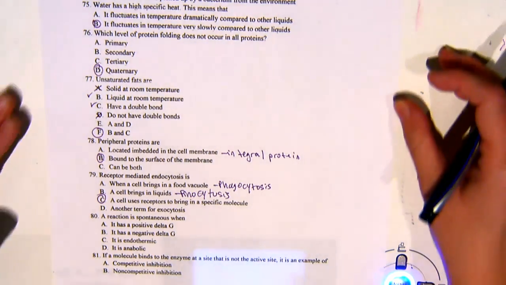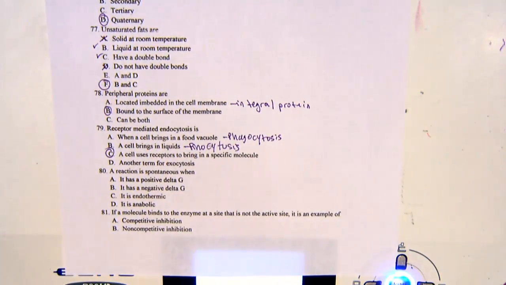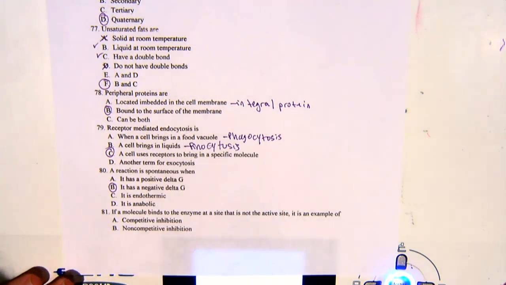All right, number 80. A reaction is spontaneous when B, it has a negative delta G. Positive delta G, endothermic and anabolic would all correspond to being non-spontaneous. So remember, if something is endothermic and has a positive delta G, it needs energy to happen.